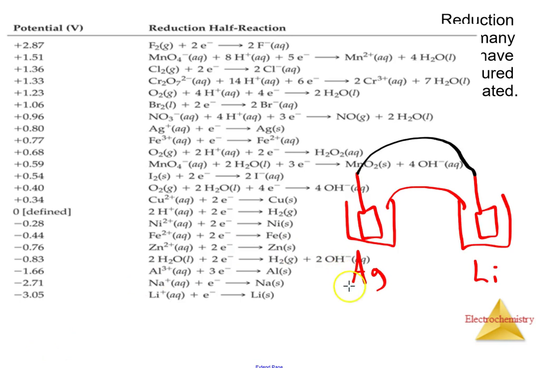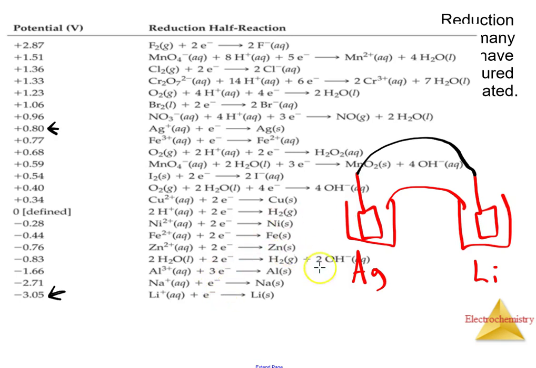So you have a cell made up of silver and lithium, but I'm not telling you where the cathode and anode are. Based on what I just barely said, see if you can figure out where the anode and the cathode is for it to be spontaneous. It has to end up being a positive value.